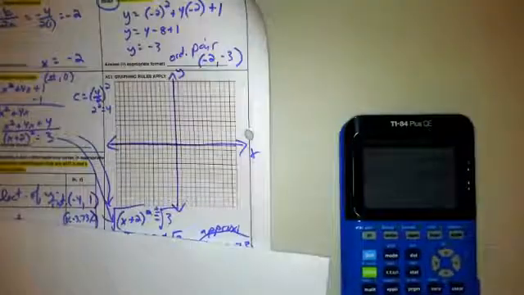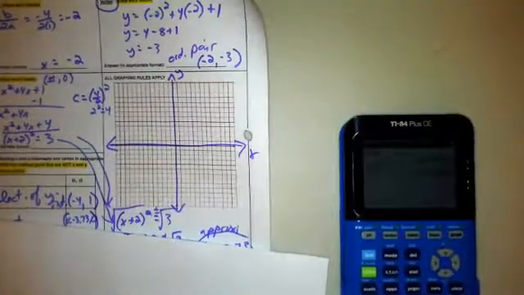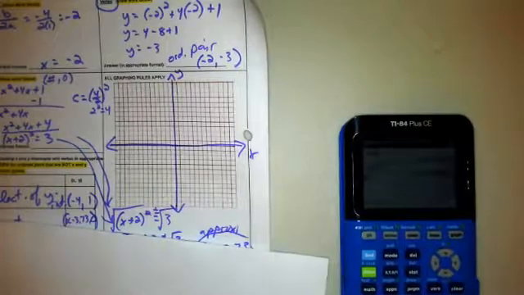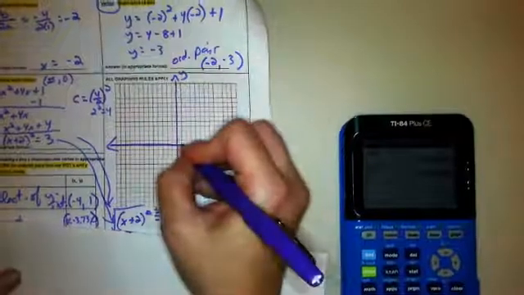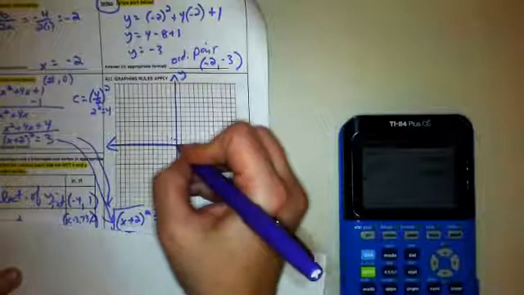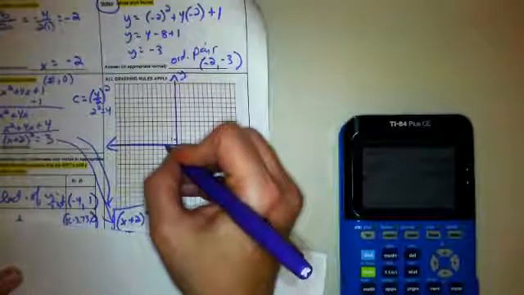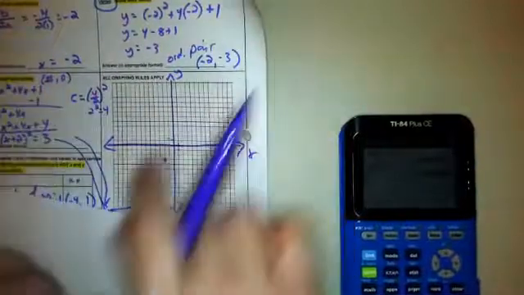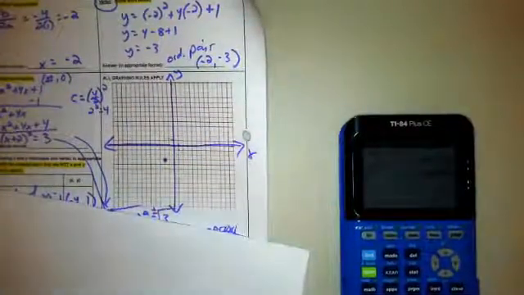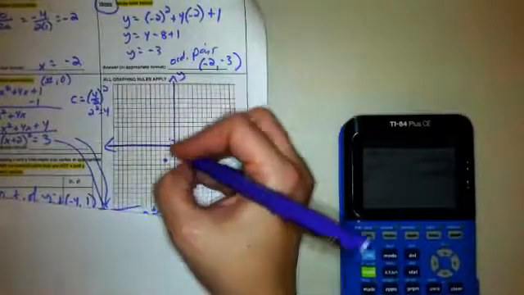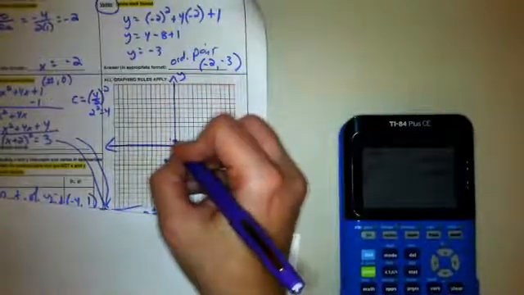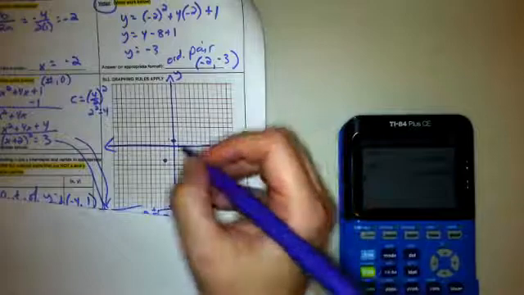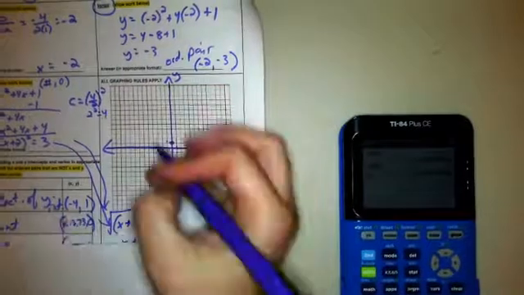Okay, let's graph our vertex, which is (-2, -3). Here's my vertex. And remember, we said it opens up, so we can see now what it's going to look like. We have a y-intercept, which is (0, 1). Then we have our reflection, which is (-4, 1).